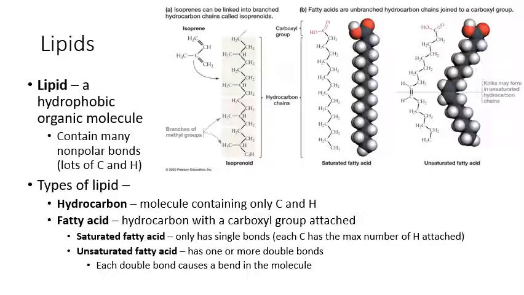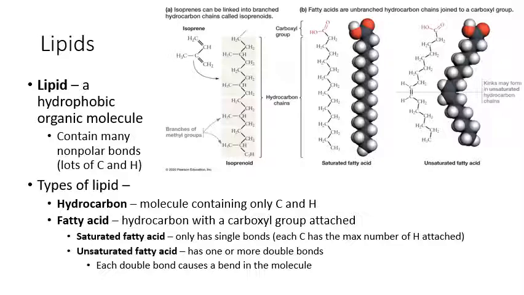In order to be hydrophobic, a molecule has to have a lot of nonpolar bonds in it. For organic molecules, that generally means you have a lot of carbon and a lot of hydrogen. Since those types of atoms have about the same electronegativity, when they bond to each other, they always make a nonpolar bond. So anytime you have a carbon bonded to a carbon, that's a nonpolar bond. Anytime you have a carbon bonded to a hydrogen, that's also a nonpolar bond.